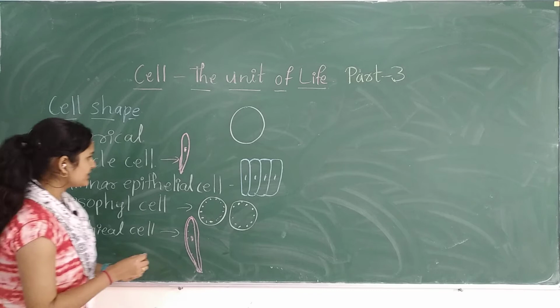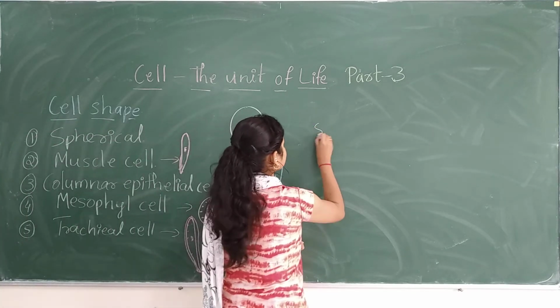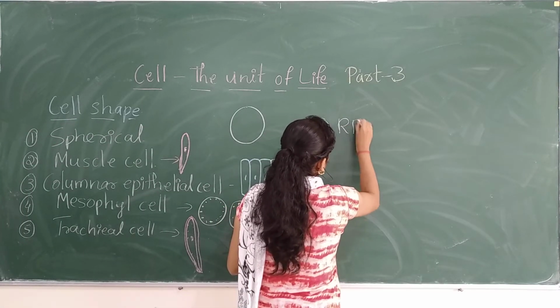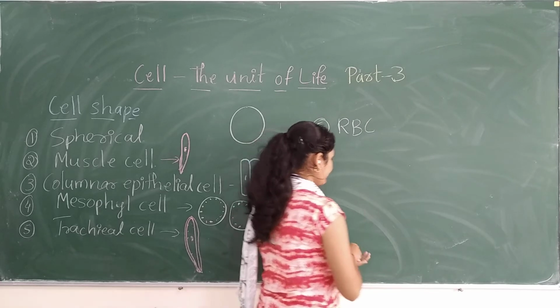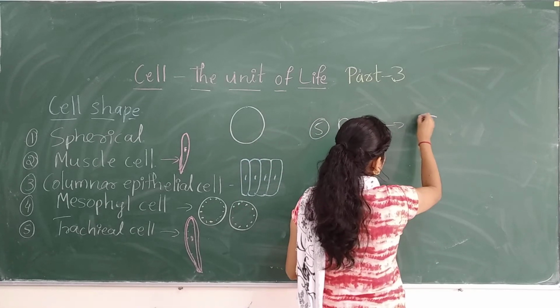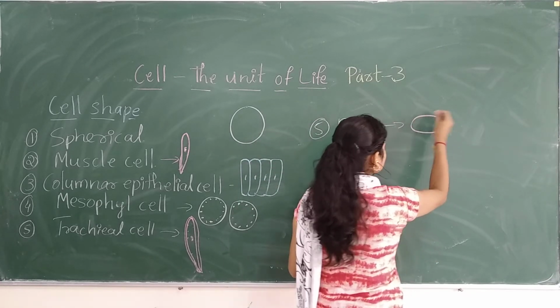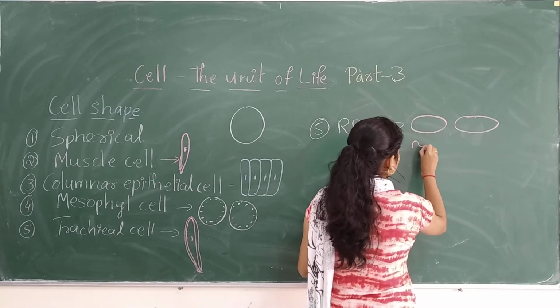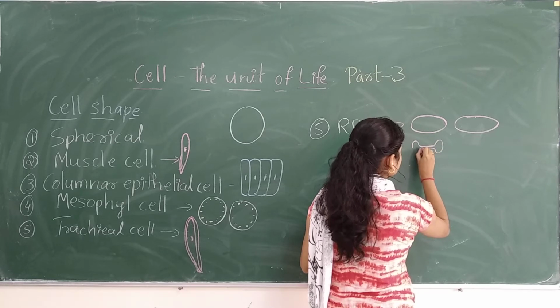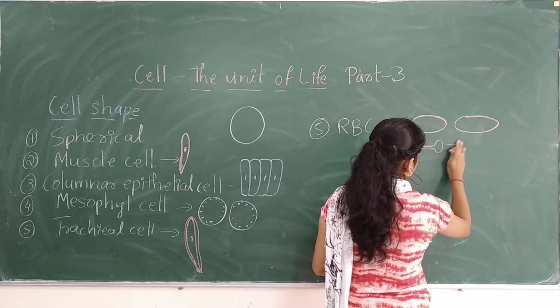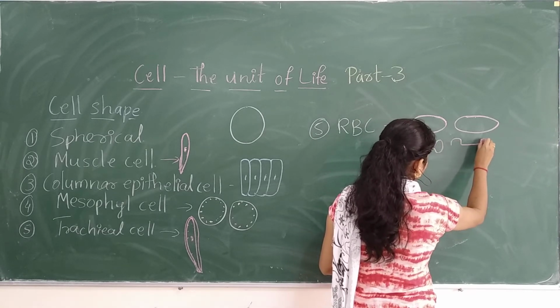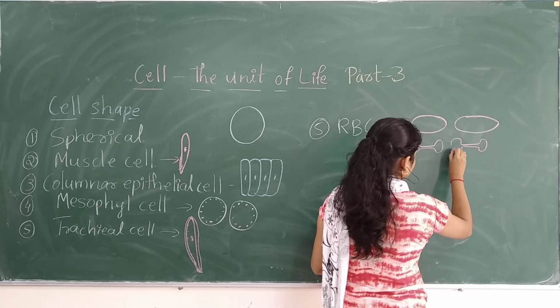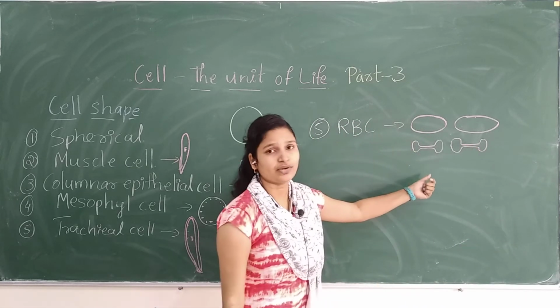And also some of the RBCs, red blood cells, will be disc-like or biconcave. It will look like this.